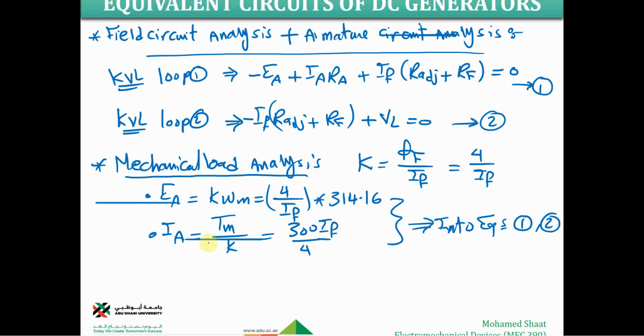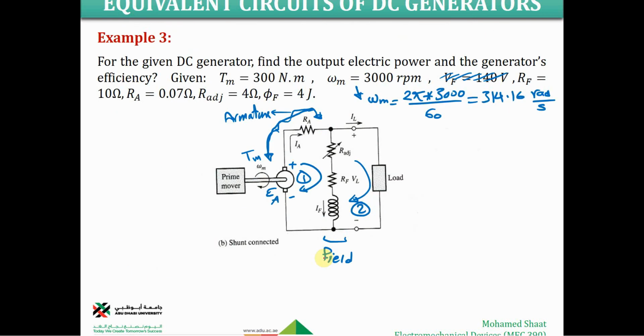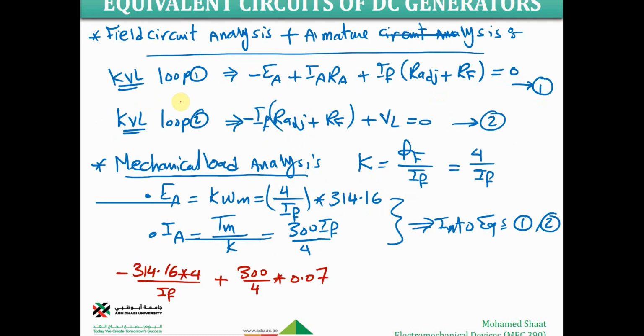So for the first equation, negative EA is going to be negative 314.16 times 4 divided by IF, with IF located in the denominator, plus the IA, which we got as 300 divided by 4 times the RA, which is 0.07. This RA was given here, right? This is the RA. So this should be multiplied times IF.